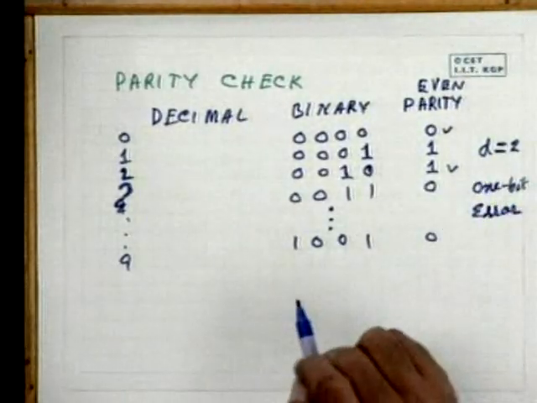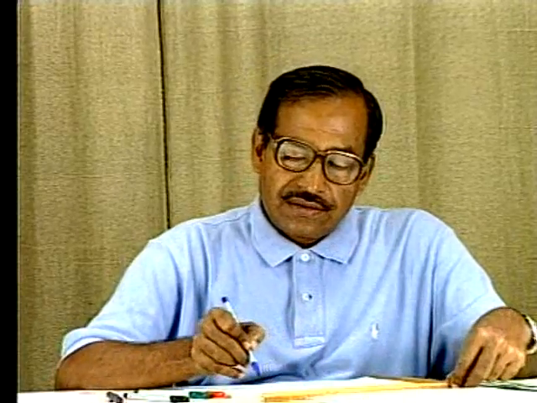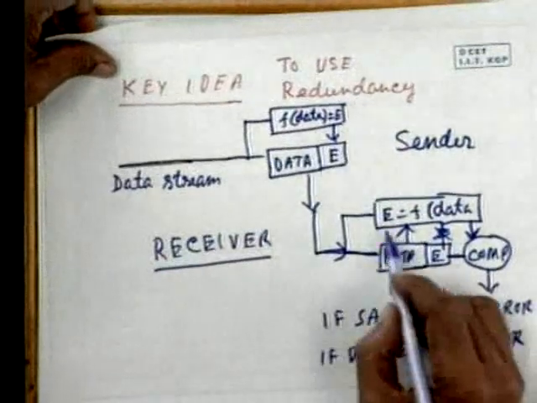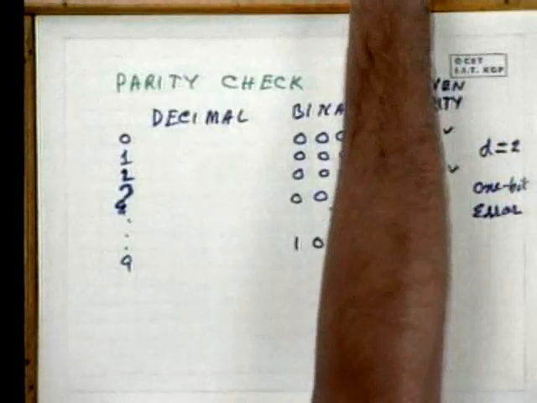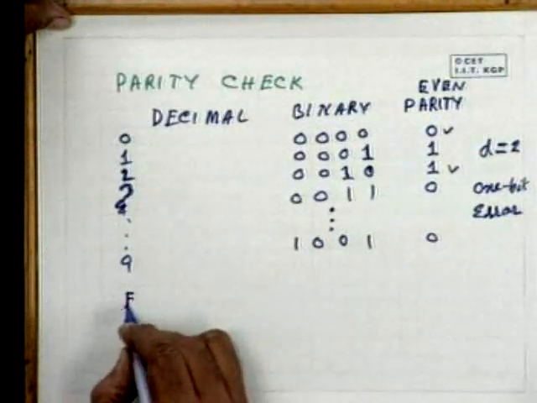Now, how can you use this technique in real life? In other words, how do you implement it? It has been found that you can use a very simple circuit for performing this function, and it can be done by using what is known as XOR gates.